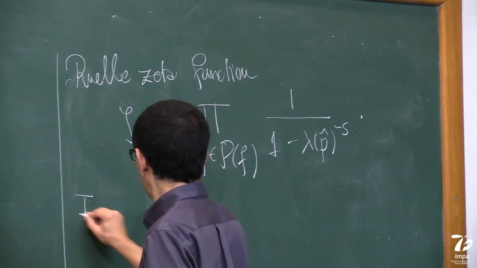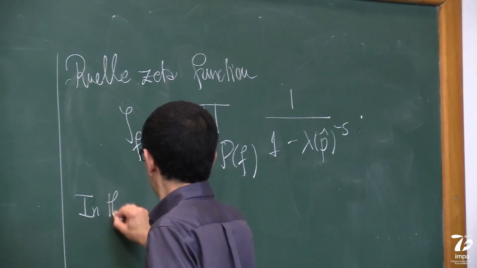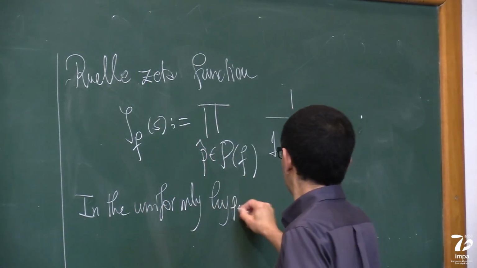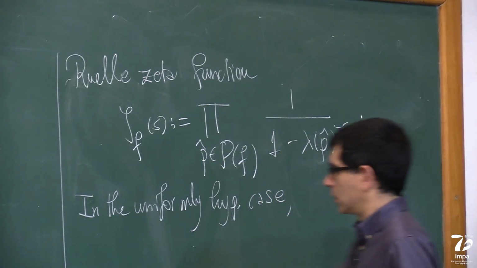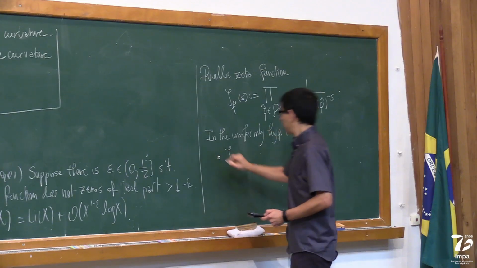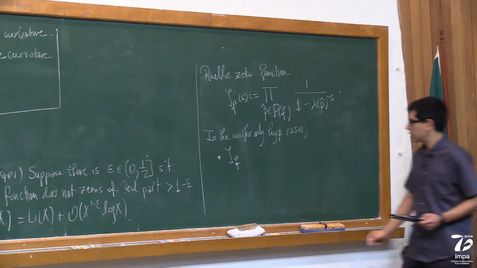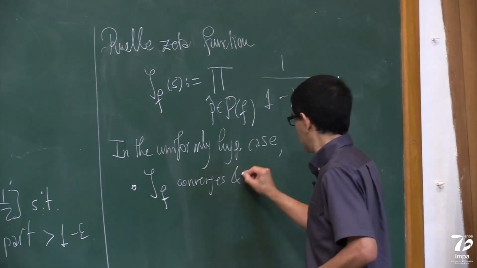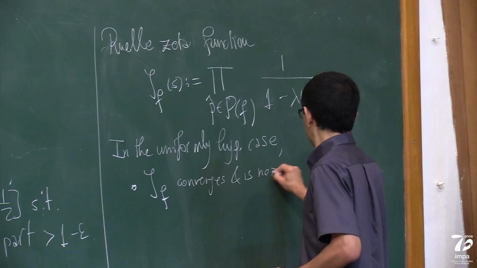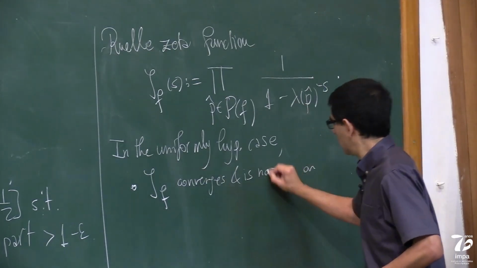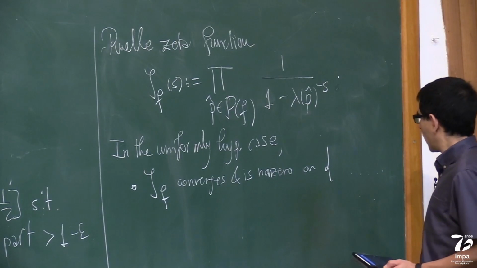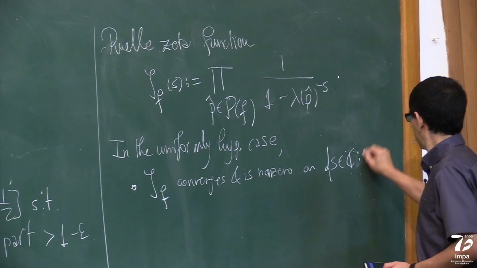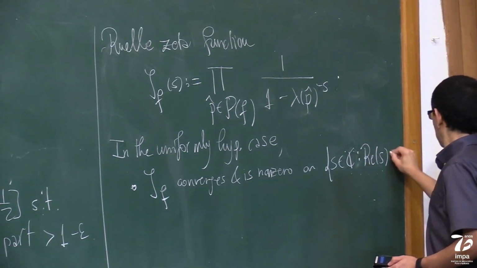in the uniformly hyperbolic case, first we have that this Ruelle zeta function converges and is non-zero on the right half plane where the real part is bigger than delta.